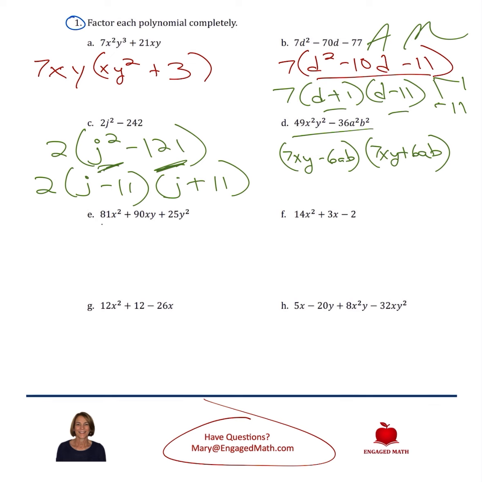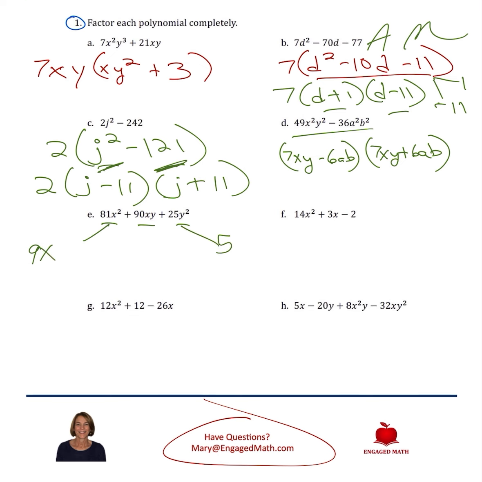All right, E. It looks to me like there's no greatest common factor because there's x's and y's, but not a common factor for every single one of those 3 terms. Now, when it's this messy, I'm already thinking, let's see if it's a perfect square trinomial, because that would make it a little bit easier to factor. And sure enough, if you take the square root of 81x squared, it's 9x.